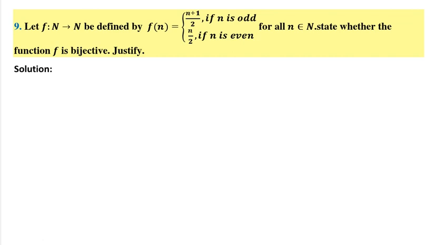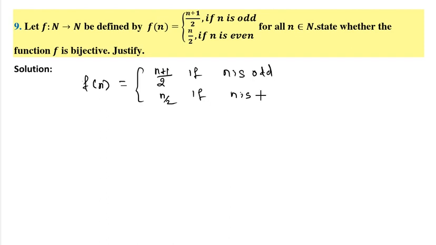Okay, what is the question? f of n is (n plus 1) by 2 if n is odd, n by 2 if n is even.